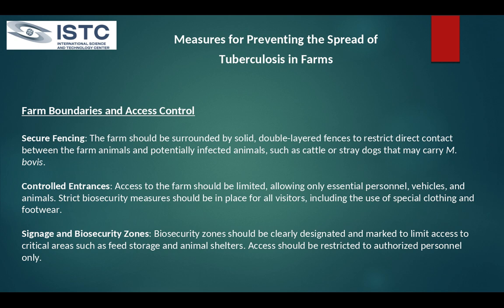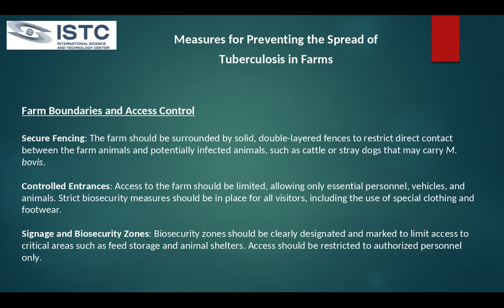Another important component of tuberculosis prevention is controlling farm boundaries and entry points. Secure fencing. The farm should have sturdy, double-layered fences to prevent direct contact between farm animals and potentially infected wild or stray animals, such as wild cattle or stray dogs, which may carry Mycobacterium bovis. Controlled access points.